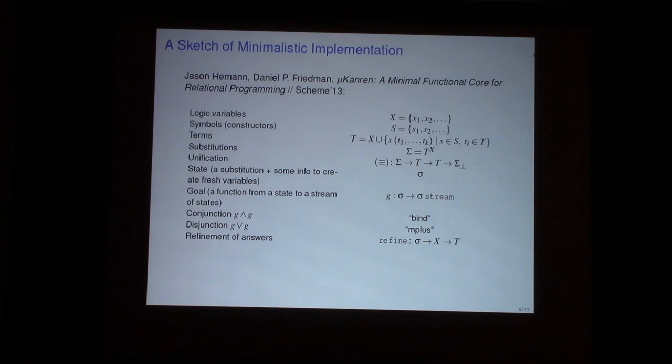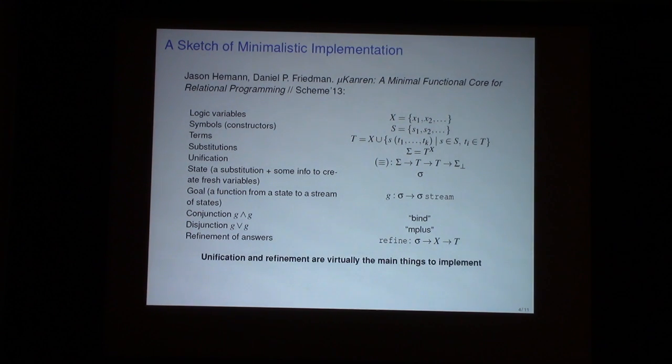Also, after evaluation, you need to look into the state and get the real values of introduced logical variables. It is called reification. And the main interesting things to implement for miniKanren are unification and reification.